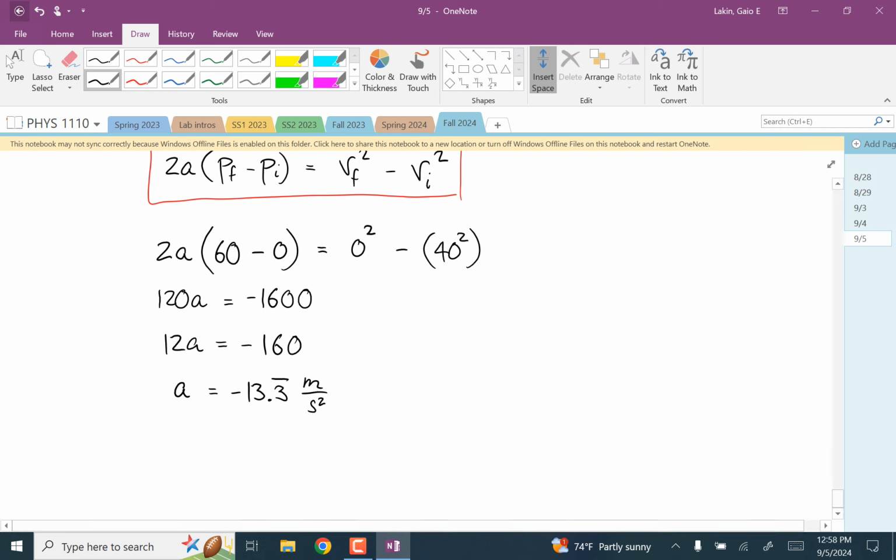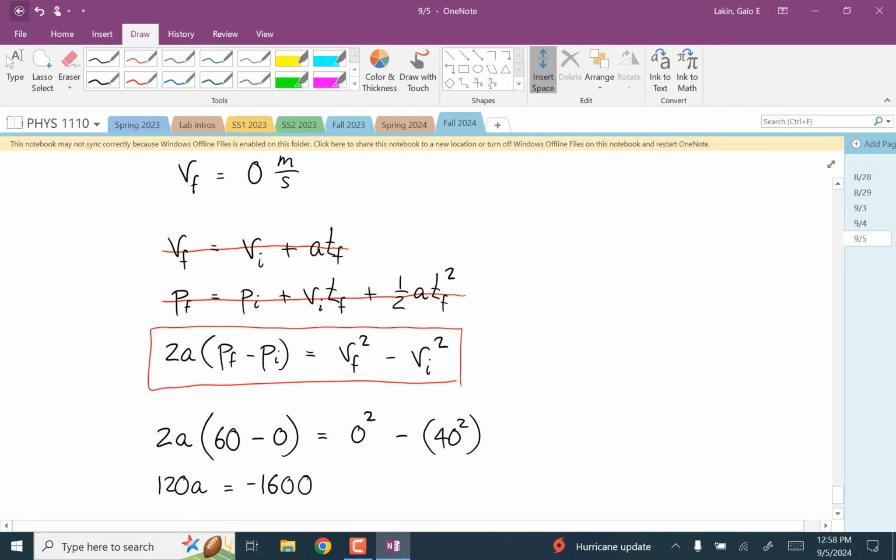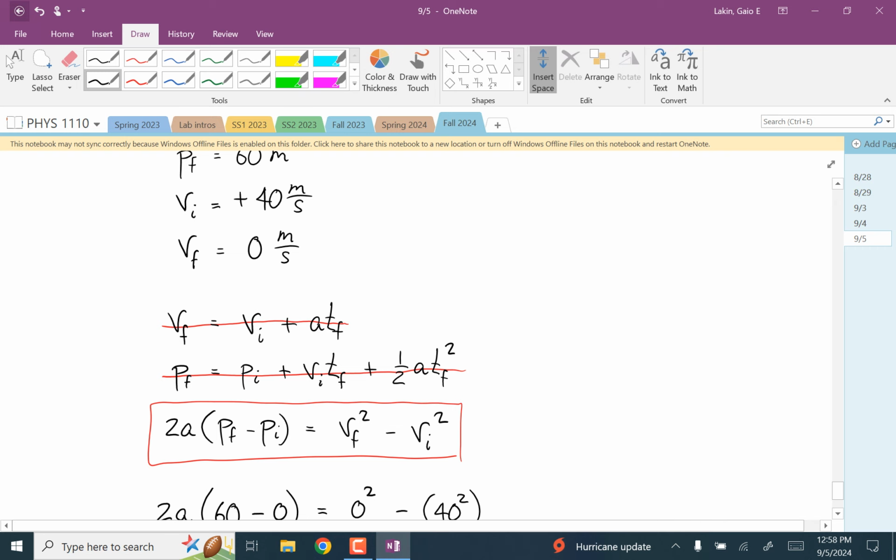Okay, so the acceleration is negative 13.3. And now there's one sort of mental sanity check you can do. Is this car speeding up or slowing down? Slowing down. The velocity over its whole motion is positive, right? And so for it to be slowing down with a positive velocity, we know that the acceleration has to be negative.